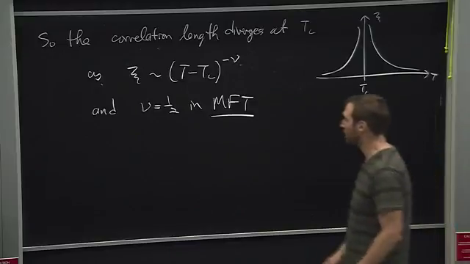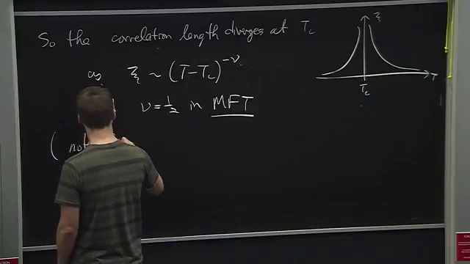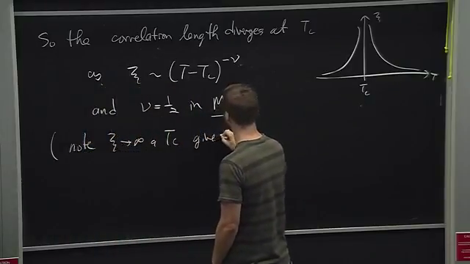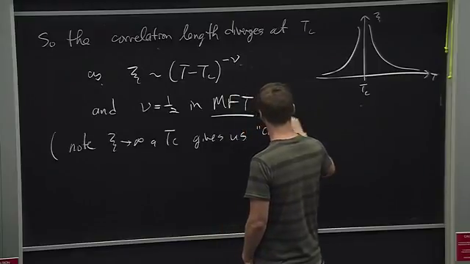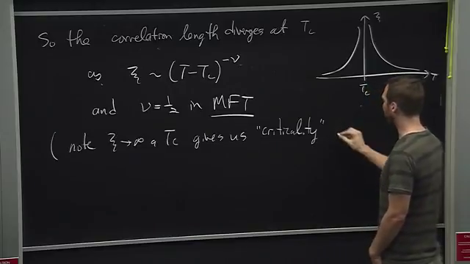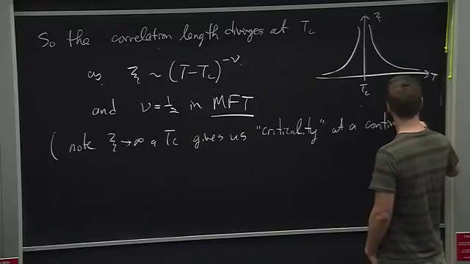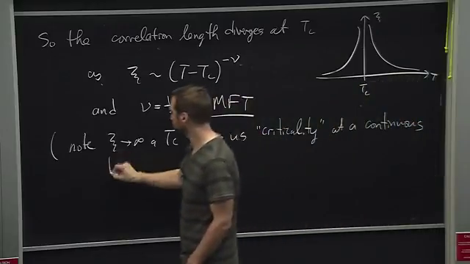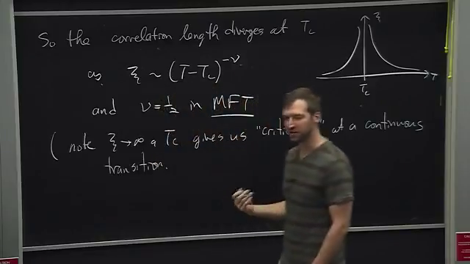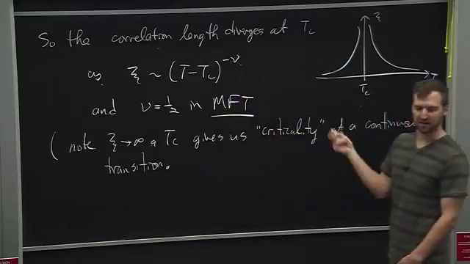Again, that's not true at a first order transition. Gives us scale invariance, gives us criticality at a continuous transition. This divergence does not happen at a first order transition. So first order transition isn't described by this theory.